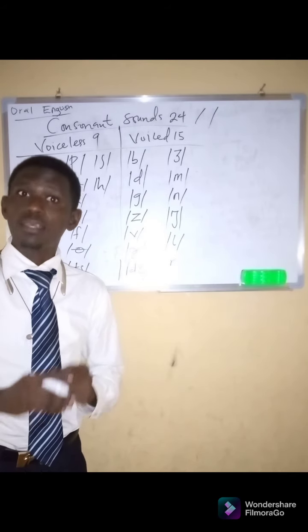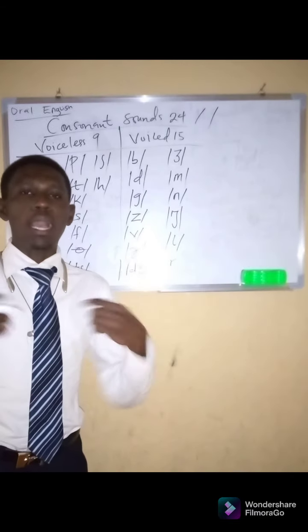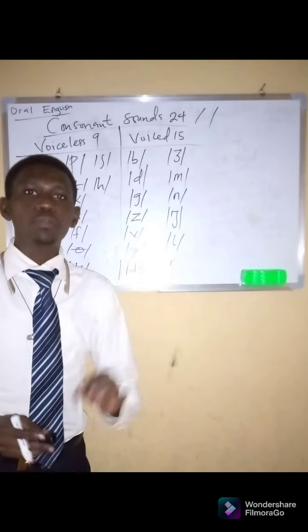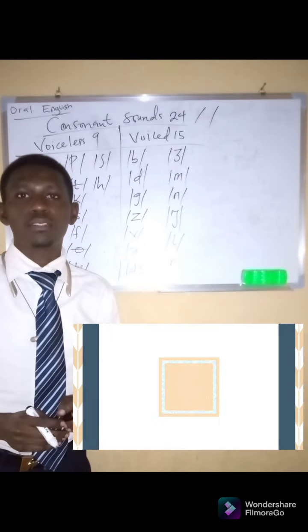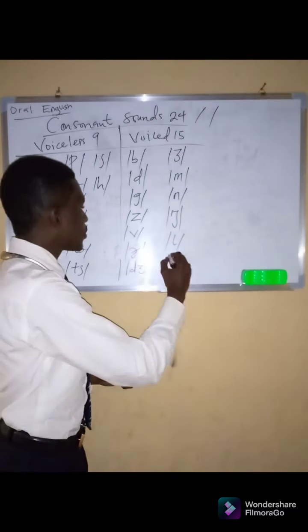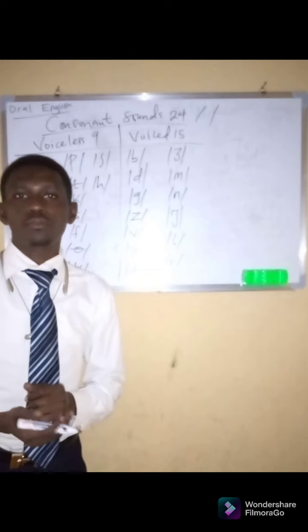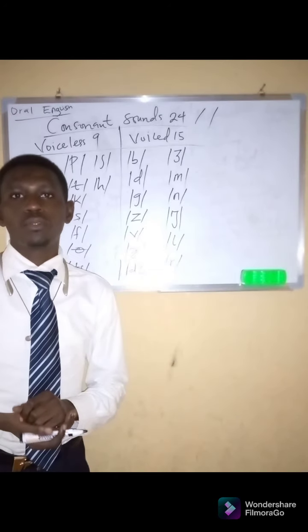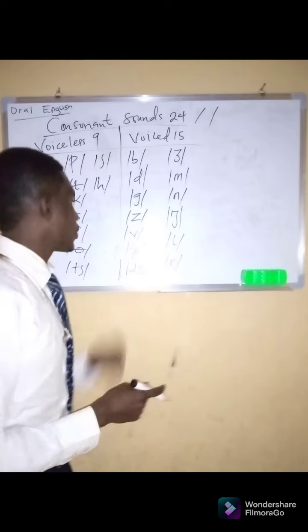The correct pronunciation of the letter is R. So letter R with the two slanted lines is pronounced as the R sound, the rolling sound.